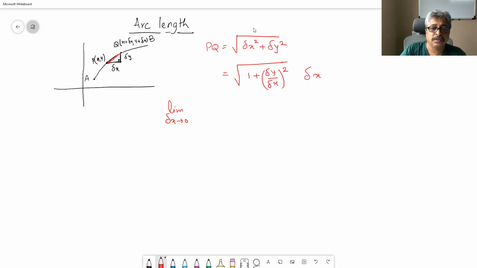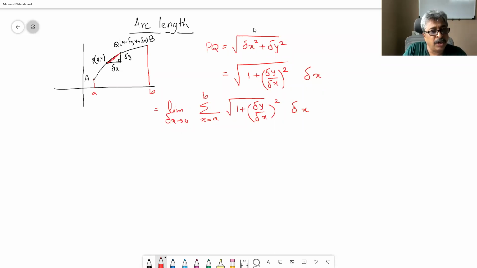Then we are supposed to add all these small segments that we form, making the curve rough. So you are supposed to add sigma, x going from A to B. Suppose this is A, this is B. You have to keep adding those PQs that you have created: radical 1 plus (del y upon del x) square del x.